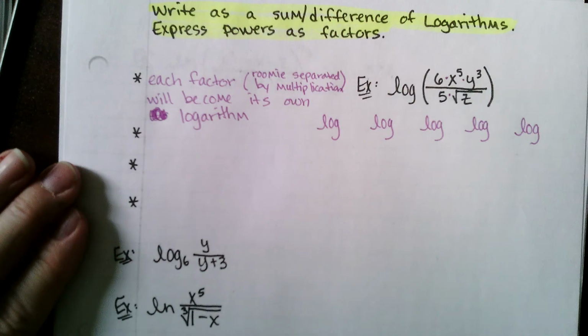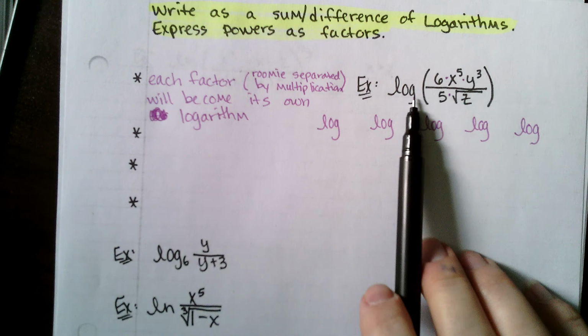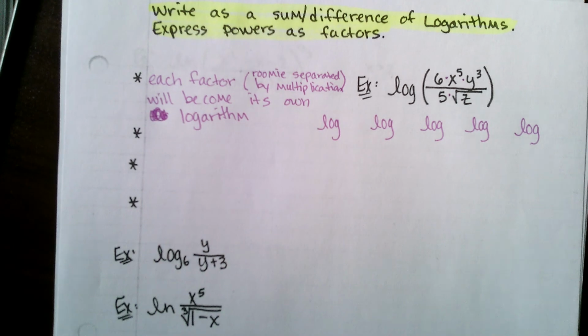And remember to keep the same style. So if this had been like base 5, then all of these would be base 5. But it was a common log, so they're all going to be common logs.